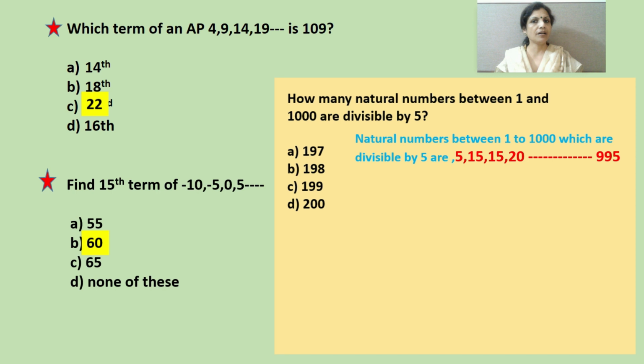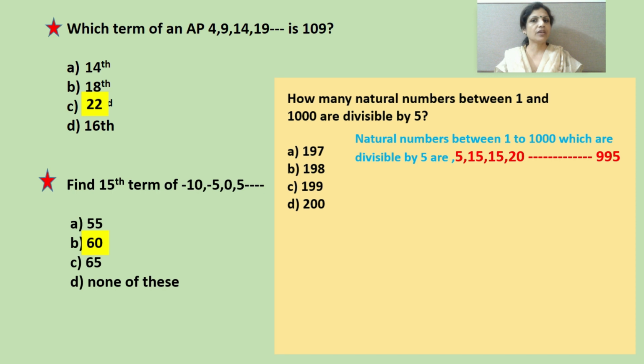These numbers are 5, 10, 15, 20, 25, 30 and so on. And before 1000, which number will be there? 995. Now what is asked? How many such terms are there?